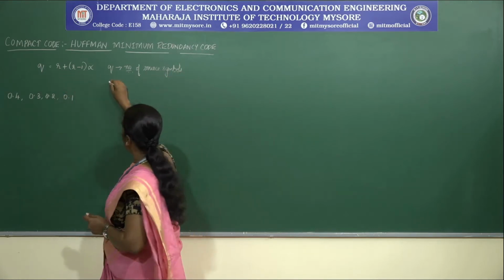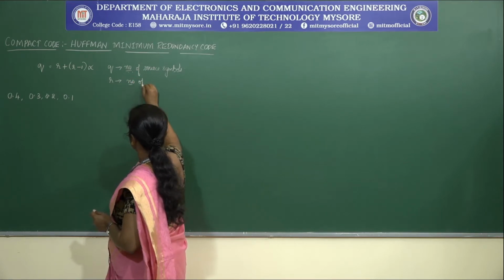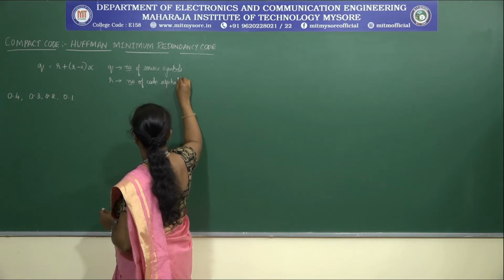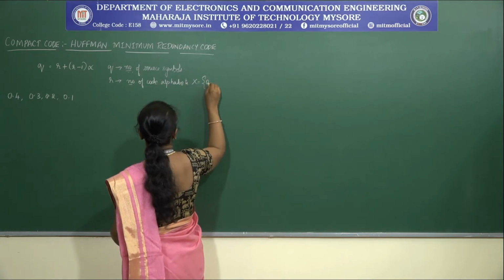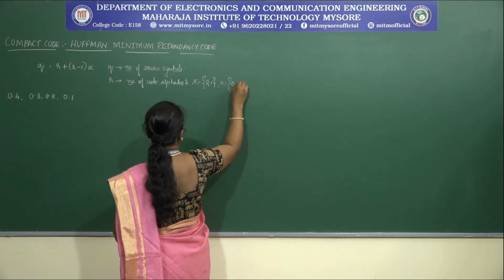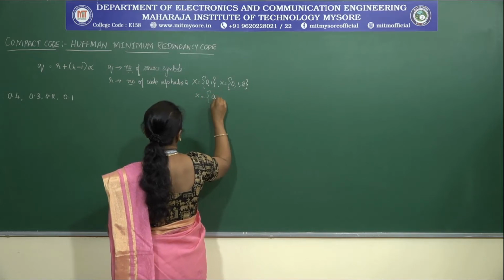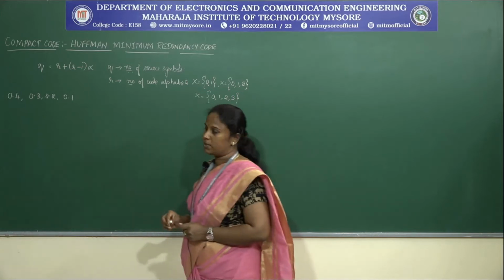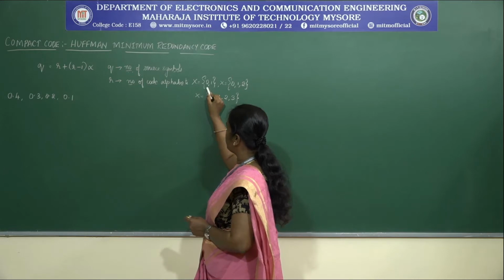Then we have R, where R represents the number of code alphabets. So X can be either 0, 1, or X can be 0, 1, 2, or X can be 0, 1, 2 and 3, depending upon R. If R is equal to 2, then we will be using only 2 code alphabets, 0 and 1.